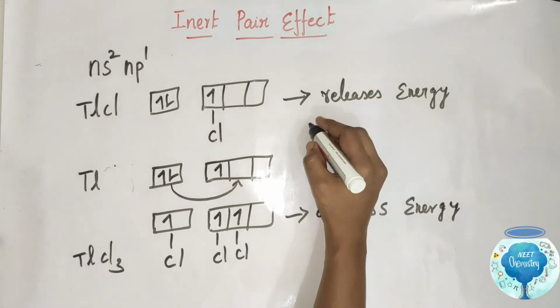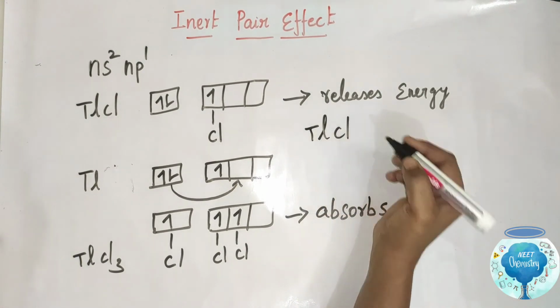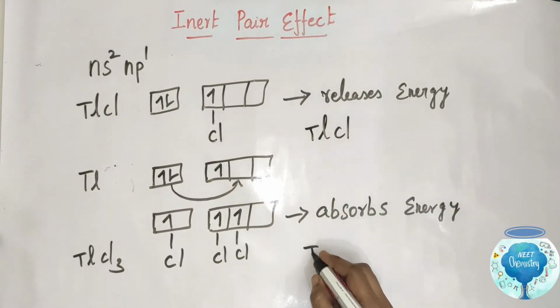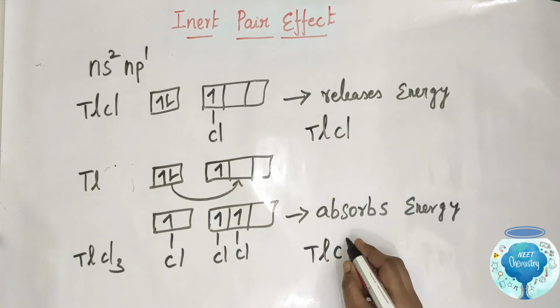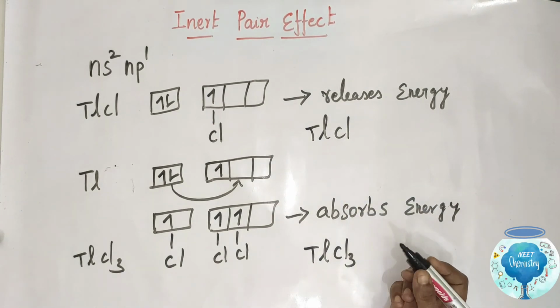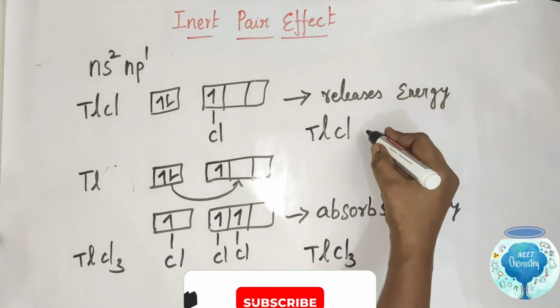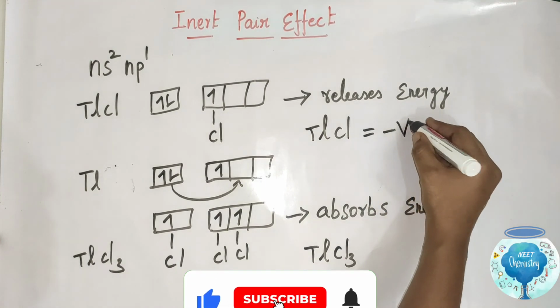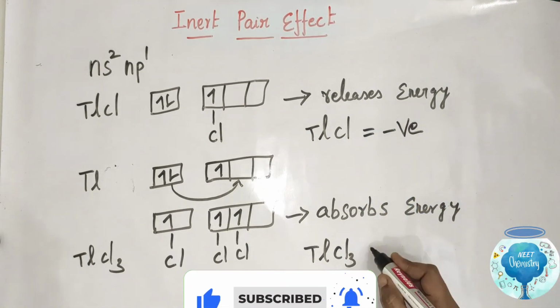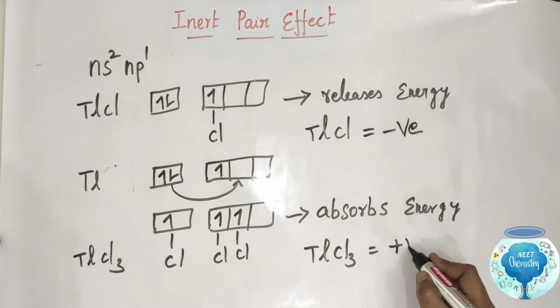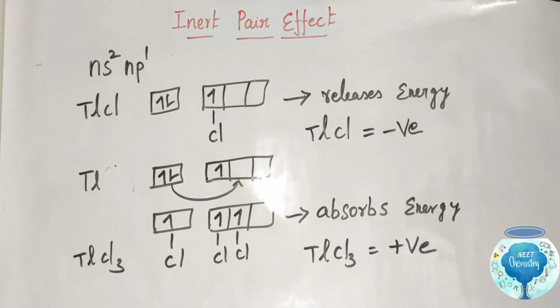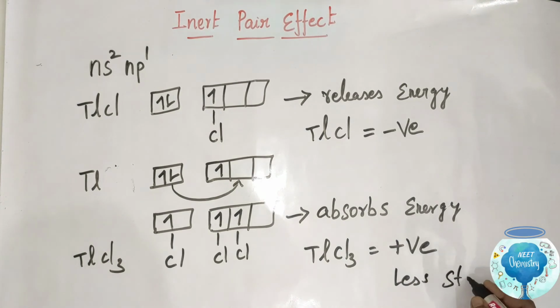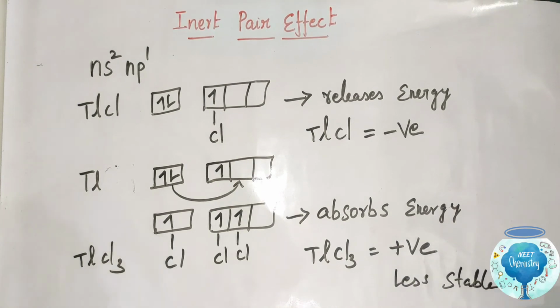So, thallium monochloride and thallium trichloride. When energy is released, the value is negative; when energy is absorbed, the value is positive. Absorbing energy means it is less stable.